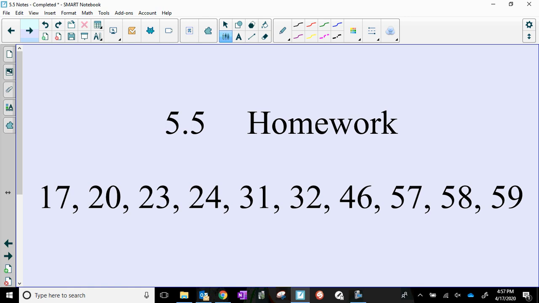All right, your homework for tonight for day 1 of the inequalities is 10 problems. I'm going to give you a warning on one of the problems. You'll see something that looks like this. What that really means is 0 is less than x, and x is less than or equal to 1.